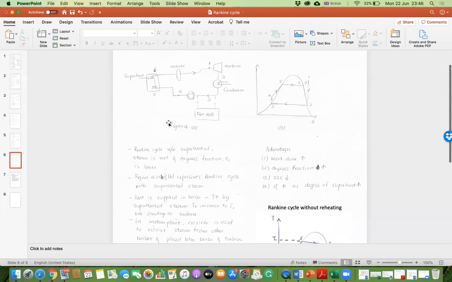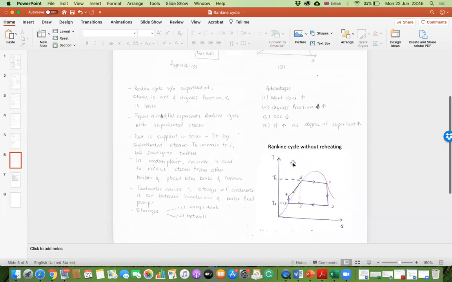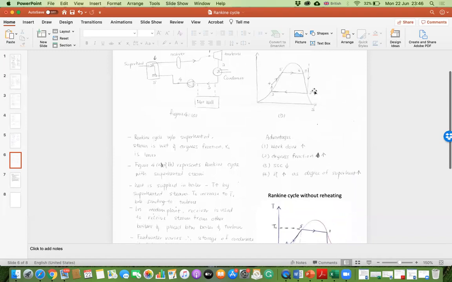So if we look at this one without the reheating, X2 is very hard to control, right? So what we can do is heat up a little bit to superheat it before the turbine expansion. So in this case, it's easier for us to control 2 to 3.